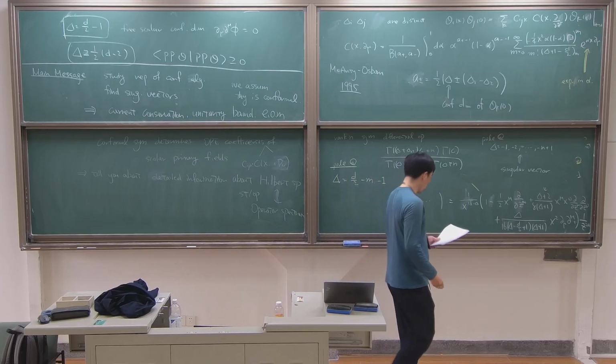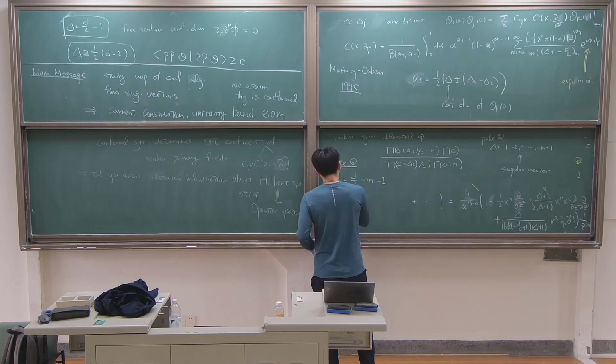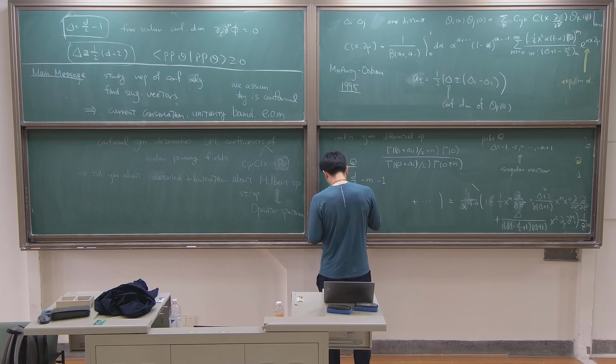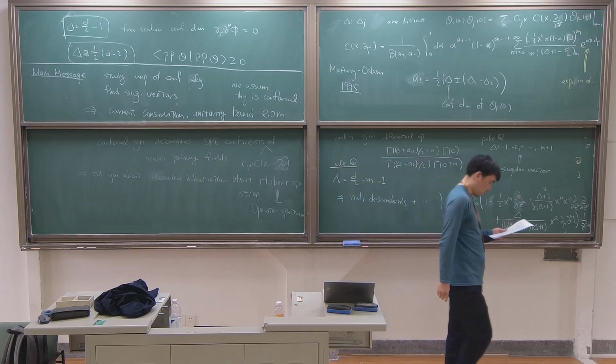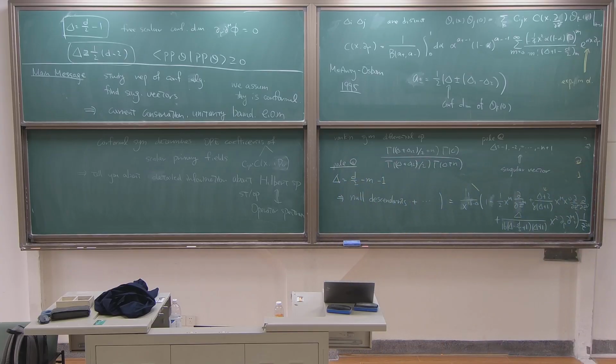And this pole also indicates that when the rank n symmetric differential operator acts, it will produce the null state or singular vector, null descendant. Okay. And the physical meaning of this pole will be explained in a subsequent lecture.